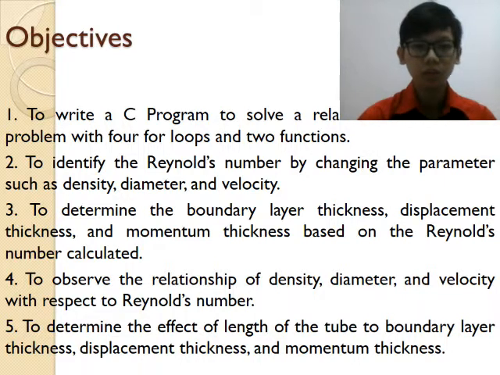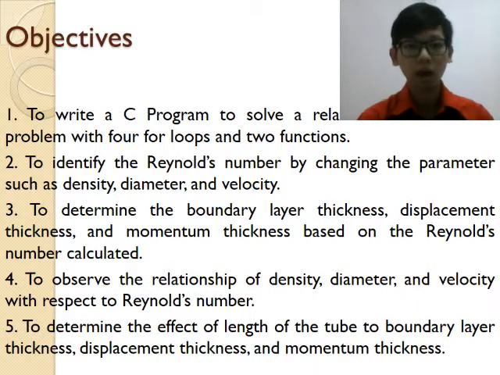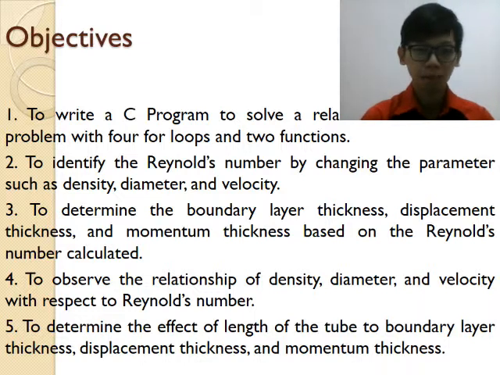The objectives are also to determine the boundary layer thickness, displacement thickness, and momentum thickness based on the Reynolds number calculated, and to observe the relationship of density, diameter, and velocity with respect to Reynolds number. After that, we can also determine the effect of the length of the plate on boundary layer thickness, displacement thickness, and momentum thickness.